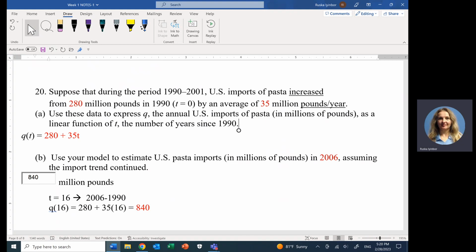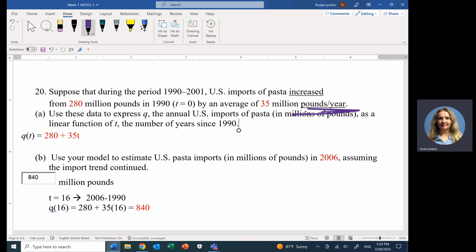So we need to find the equation first. Because 280 is the starting point, that's the b, the y-intercept. That's like a fixed cost, where you start from, 280. And then it's increasing by 35 per year.